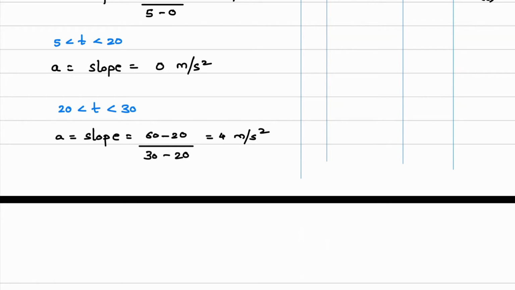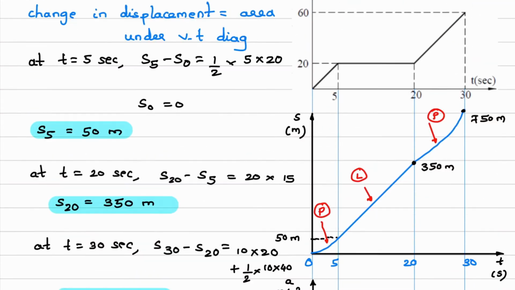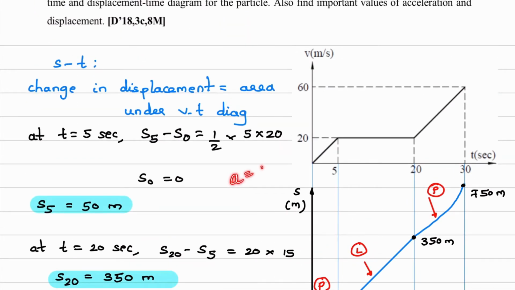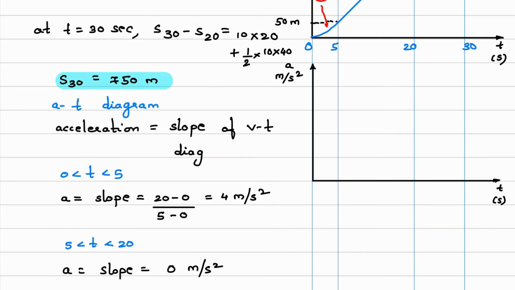We have to mark this on the AT diagram. We'll see what will be the nature of this. Acceleration is the slope of the VT diagram. Now the slope value, here you can see this is constant, 4 meter per second square. So we have to draw a horizontal line over here, and its magnitude of acceleration will be 4 meter per second square.